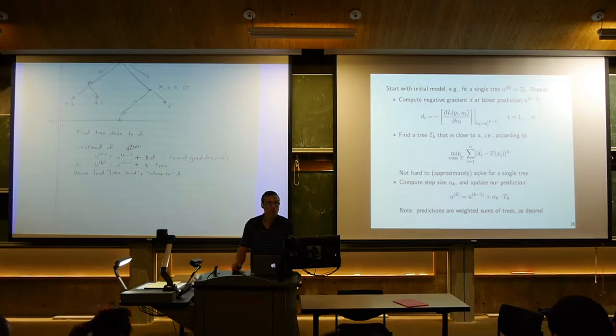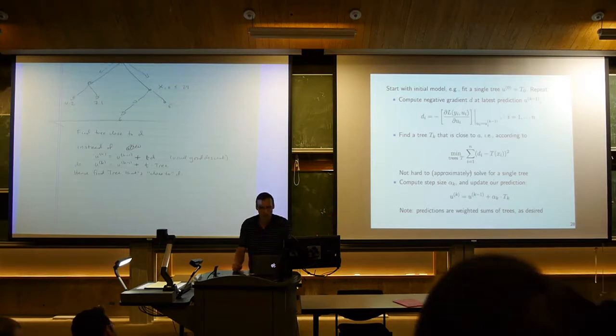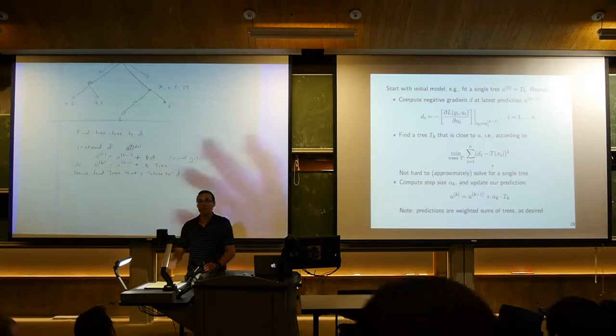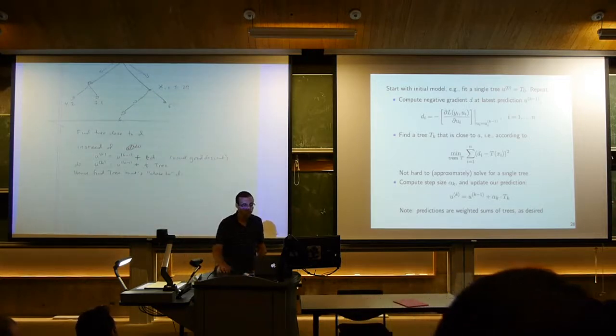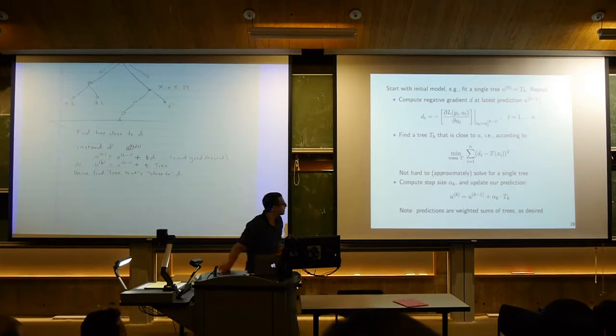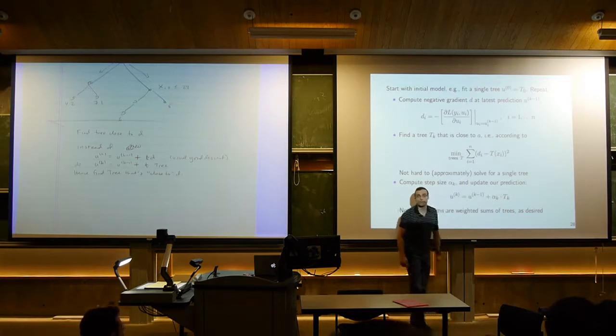We can't even solve this exactly, but we can solve it greedily. If you give me a bunch of predictions I want the tree to make, then I can optimize over each split one at a time in a greedy fashion. People often call that algorithm CART. So I find a tree that's pretty close to that direction.